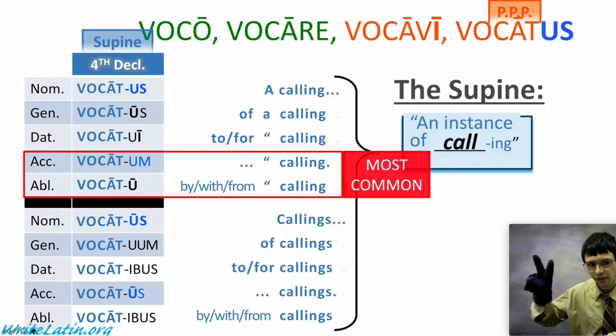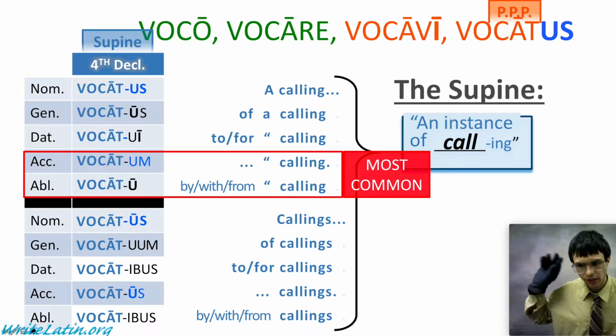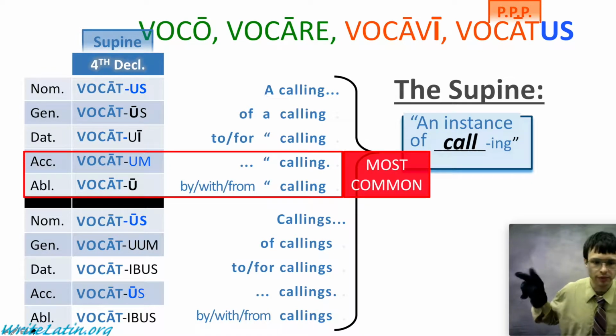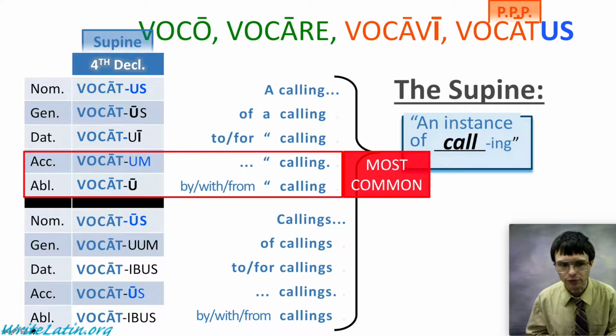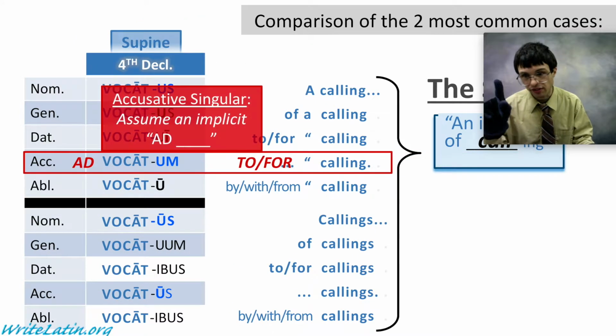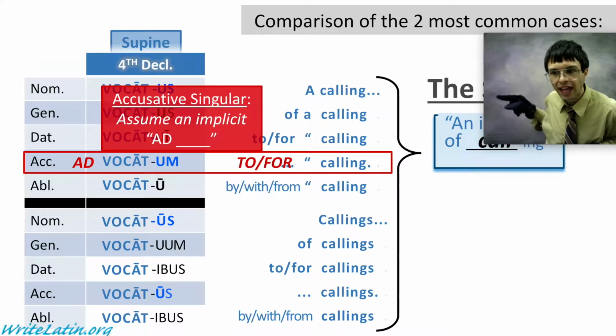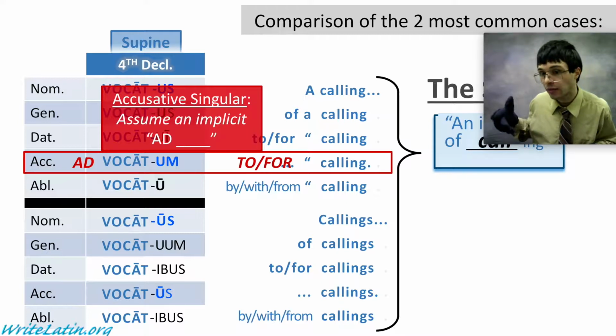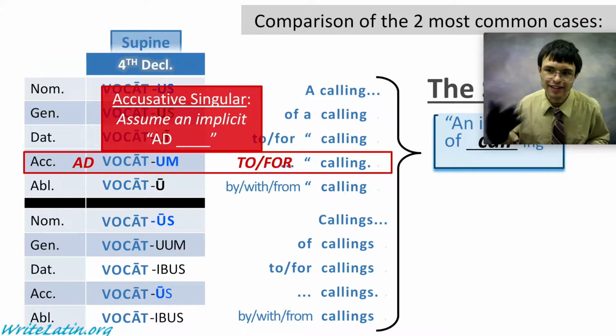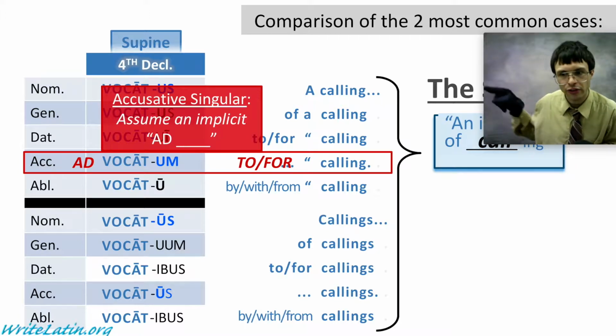These two in red here, vocatum and vocatu. Really, it's way more. Okay, so in any case, these two are the most common, vocatum and vocatu. Now, for one of these, just the accusative singular, you should always assume that there is a hidden ad before it. So that ad would mean to or for, because that's the sense in which the accusative singular is always used.